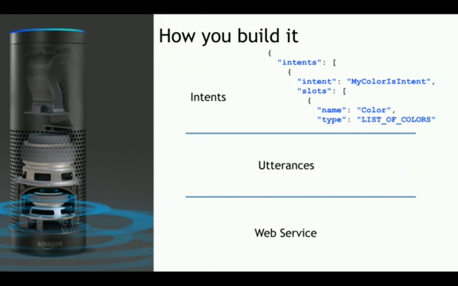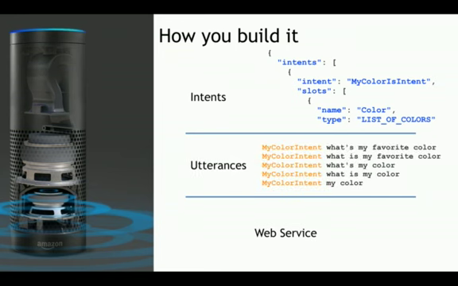In this case, you can see it's just an intents object that is an array of intents, and within that array, each intent has a name and can also have a space for slots, and the slot is basically a variable.